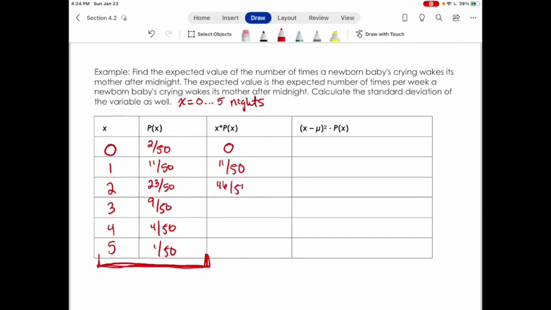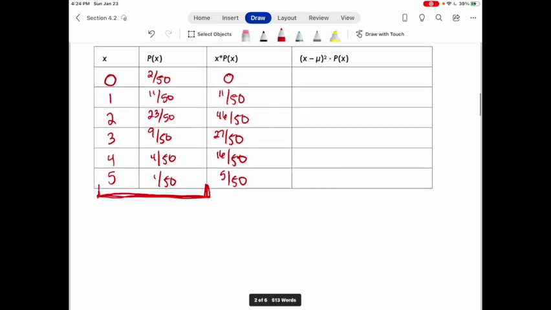When I take 2 times 23 over 50, that gives me 46 out of 50. I take 3 times 9 out of 50, that gives me 27 out of 50. 4 times 4 out of 50 is 16 out of 50. And then the last one is 5 times 1 over 50, which is 5 out of 50.